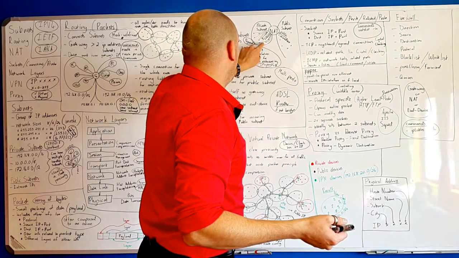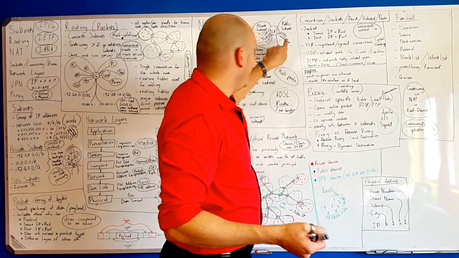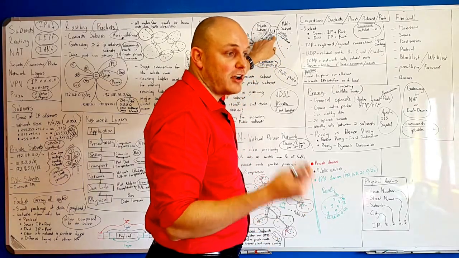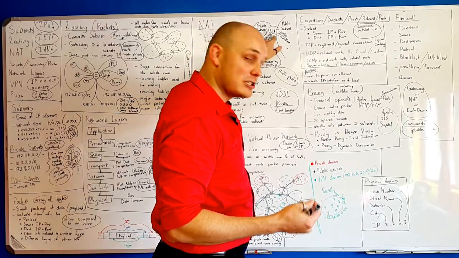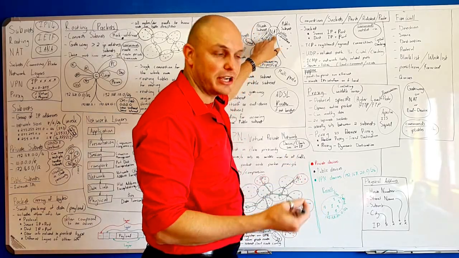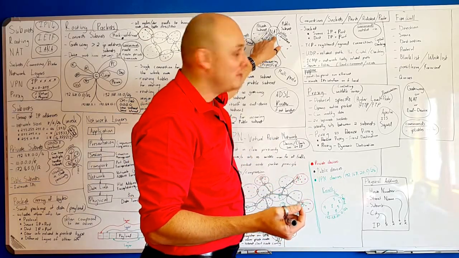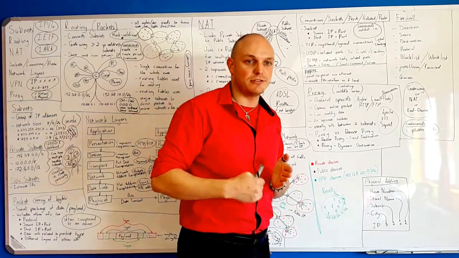So if a PC wants to make a connection to the outside world, as soon as it reaches the NAT, it disguises itself as a gateway. So to your PC, that looks like a gateway, but it's actually not a gateway. It's a NATed gateway. So as soon as it gets there, the connection officially stops.